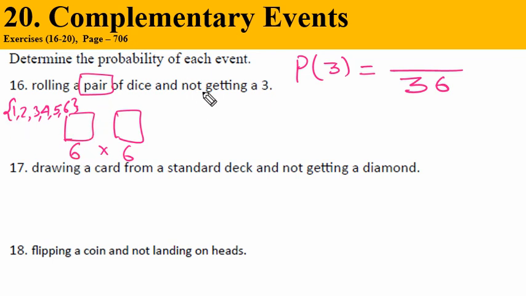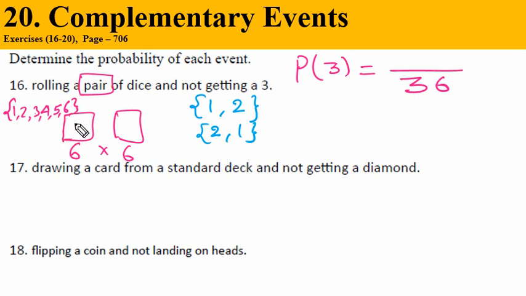Good. Now, getting a 3 on a pair of dice. Let's say you get 1 on this and 2 on this, 1 plus 2 is 3. So one combination is 1 comma 2. Now the second case, let's say you get 2 and 1. Is there any other way you can think of?